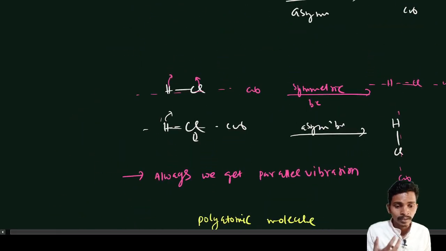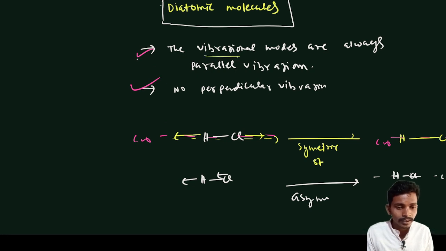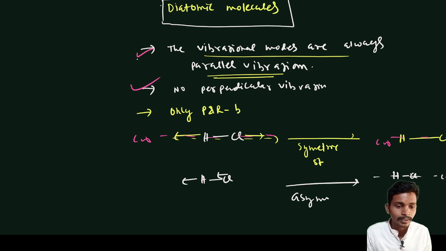And what we discussed about diatomic molecules is that we get only parallel vibrations, and only P and R branches. For diatomic molecules there was no Q branch, only P and R branches are present.